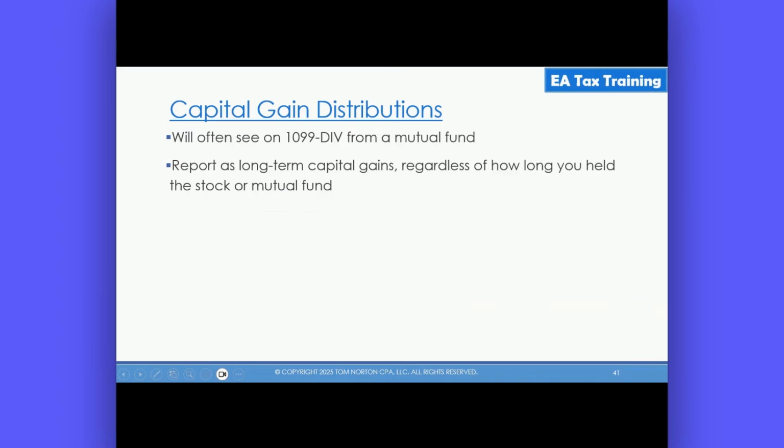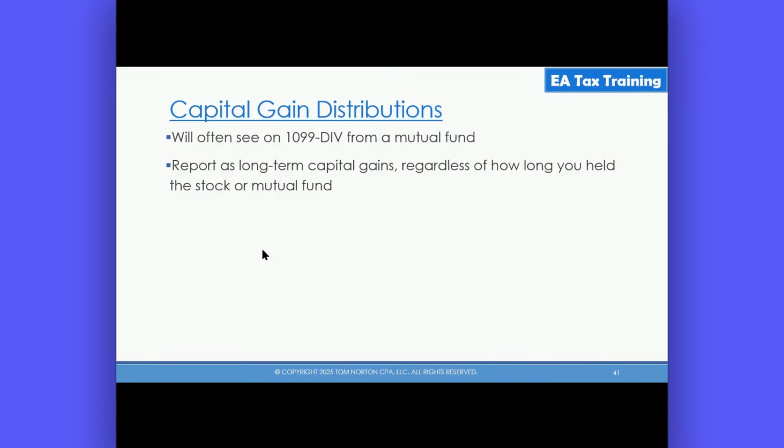So let's talk a little bit more about those capital gains distributions. When you get those, they will be reported to you on a 1099-DIV from the mutual fund, and you are always going to report those as long-term capital gains. It doesn't matter how long you held that stock or mutual fund. It doesn't matter how long the mutual fund itself held the particular assets. So the mutual fund, you've got this 1 year holding period.